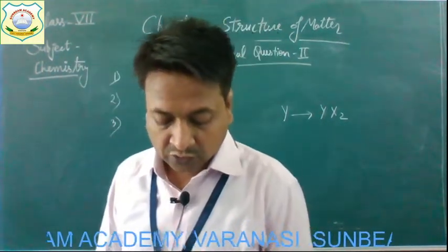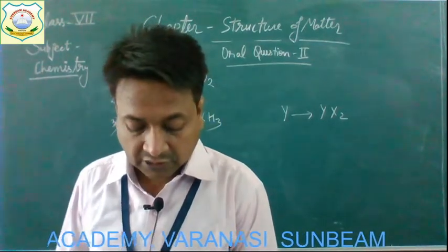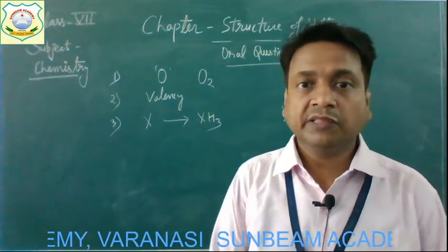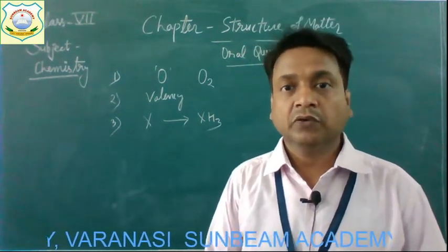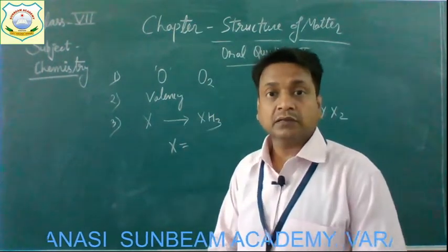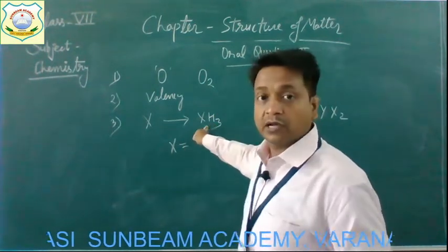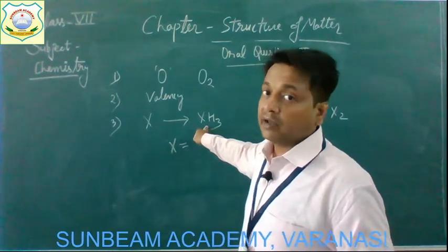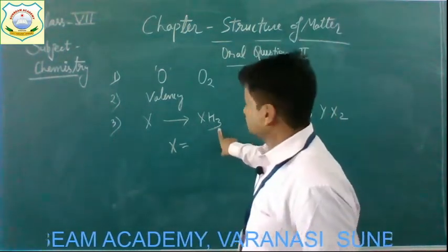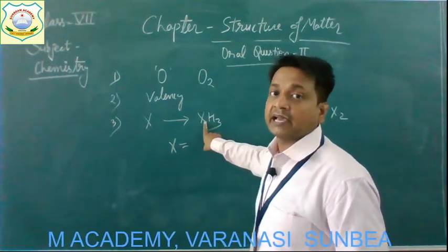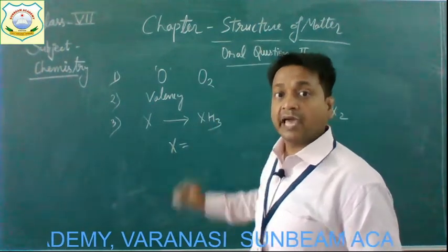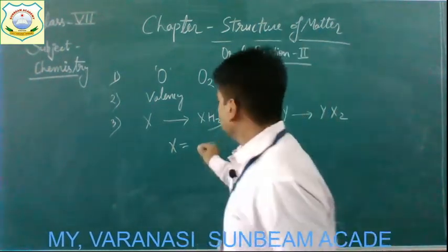So you have to find out the valency of X and Y. The valency of hydrogen is already given in the question, that is 1. So the valency of X will be how much? Children, see the formula given here. As you know, the valencies get exchanged by writing the formula. So the 3 is the valency of X, and 1 is the valency of H. So the valency of X will be 3.